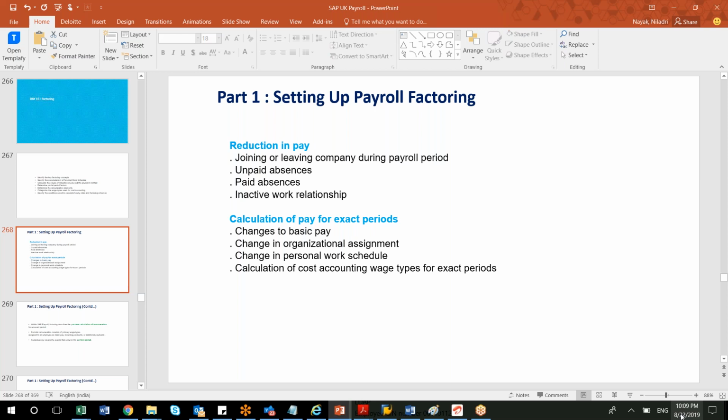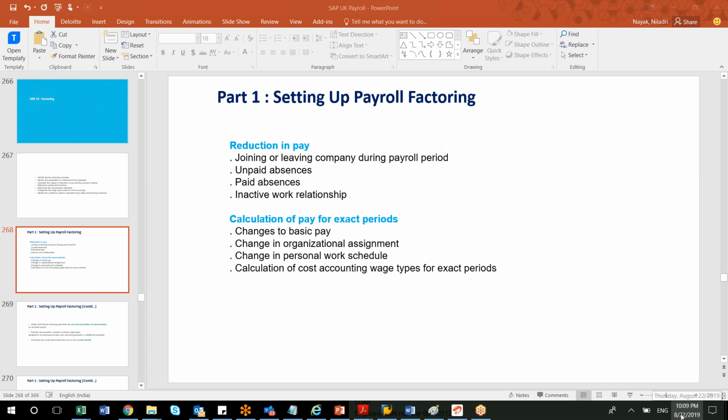Similarly, whenever the person is leaving the company in the middle of the month, his salary will be recalculated according to the date during that particular payroll period. And similarly we have unpaid absence and paid absence. In all of these cases, if there is any reduction in pay, payroll factoring will come into play.